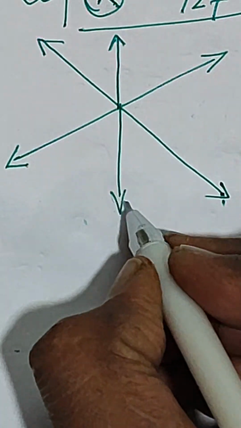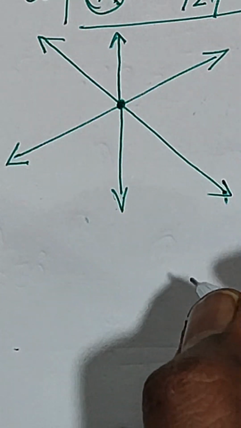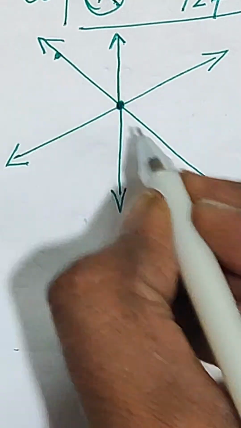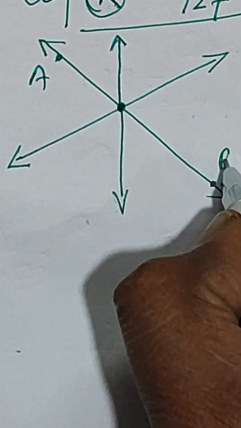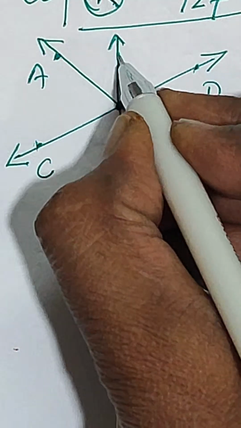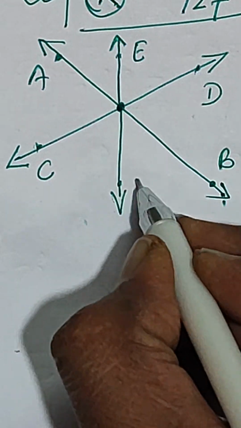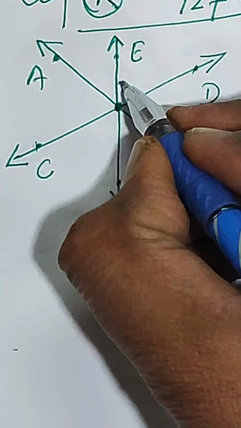So these are three lines which are intersecting each other at a common point, right? And these line segments are AB, CD, and EF, right? And a few variables are there.